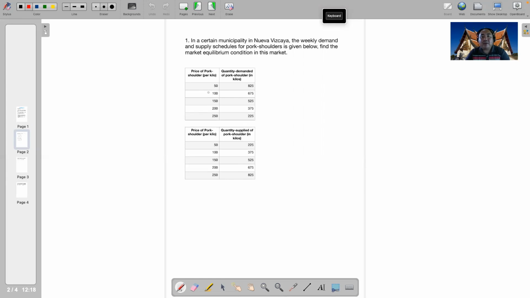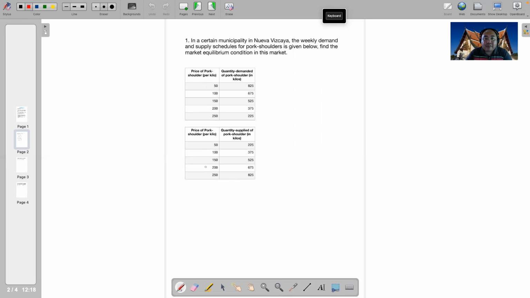We can begin at 50 pesos per kilo of pork shoulder: the total quantity demanded is 825 kilos, but at the same price level, the total supply is only 225 kilos. So there will be a shortfall of supply of pork. There are just too many people who want pork shoulders, but too few suppliers to give.